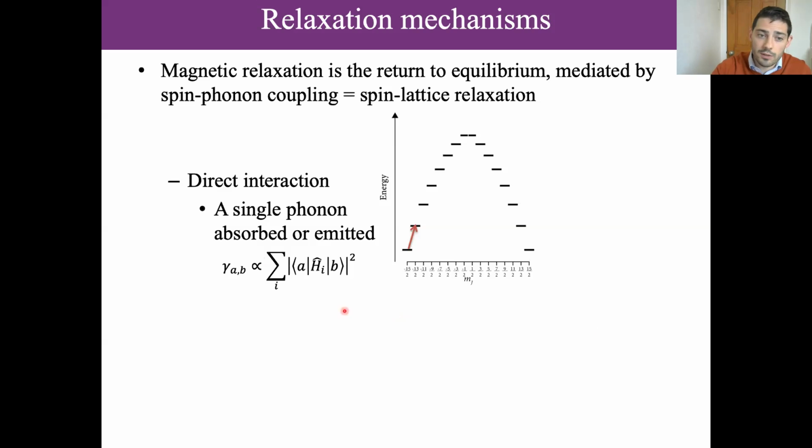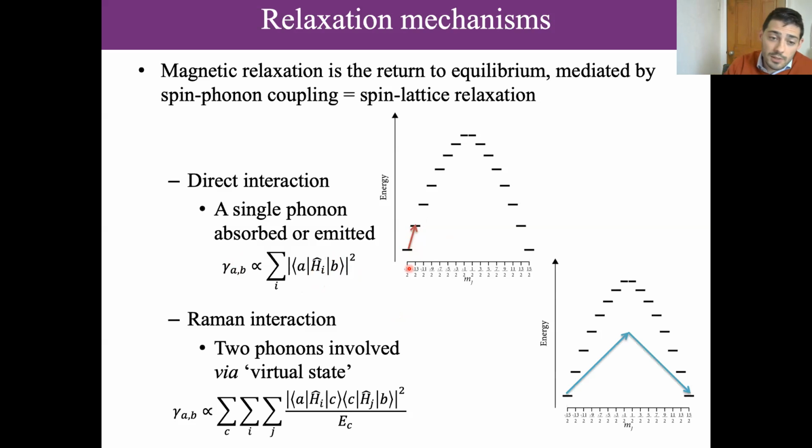The transition rate, gamma, between two different states, according to a single phonon interaction, is proportional to the square of the matrix element of the interaction Hamiltonian between the two states. So this is a Fermi's golden rule type thing. Of course, the energy of this phonon has to match the energy gap that you're trying to hit. And now you have to think about your phonon density of states and all kinds of things to really work this out.